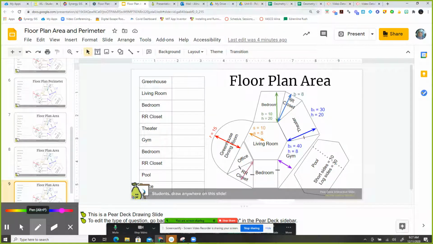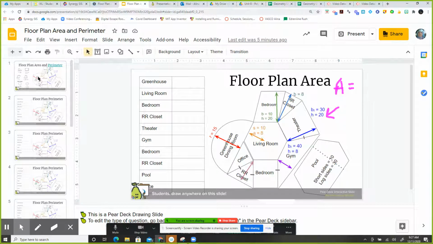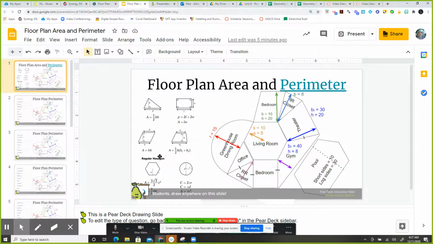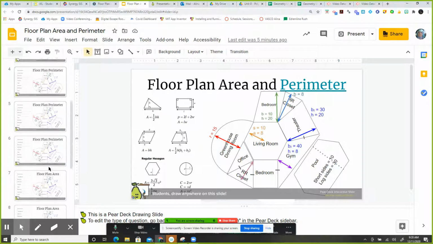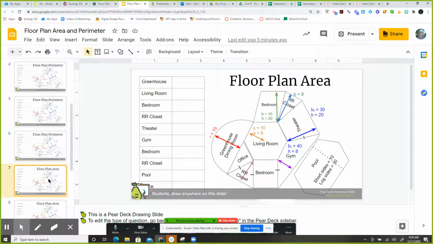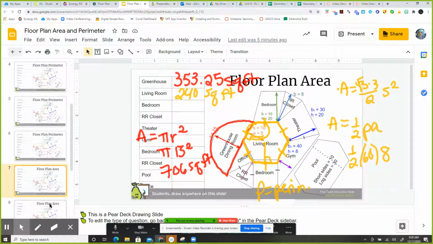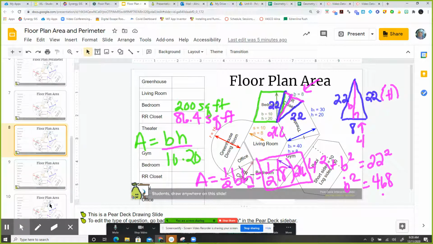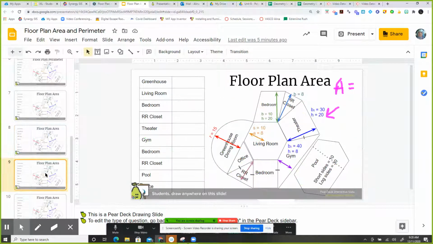What shape is that theater? Which equation do I need to use? This guy right here. 1/2 the height times the average of the bases. So am I on slide 7? Nope. Slide 8? Nope. Slide 9.